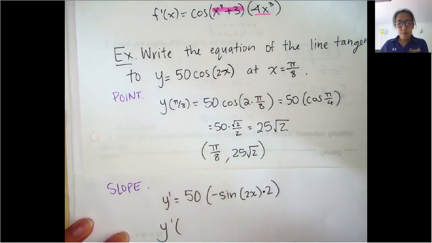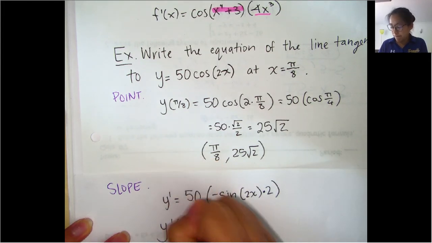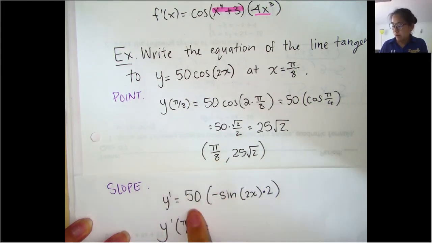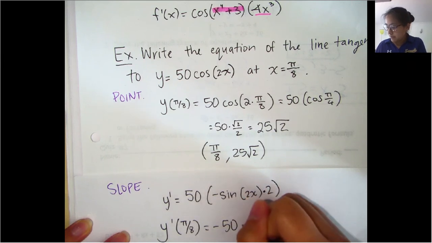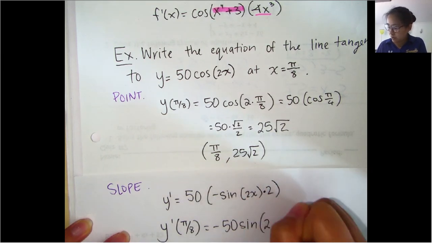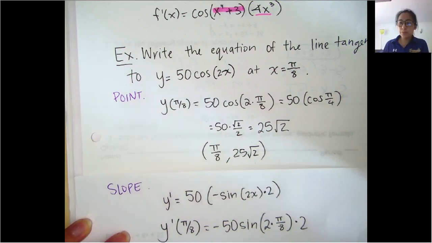So we're going to do y prime of, and then we'll go ahead and plug in x equals pi over 8. And then we carry this down. Since there was a minus sign, I'm just going to bring that to the front. So we have minus 50 sine of 2 times pi over 8 times 2.